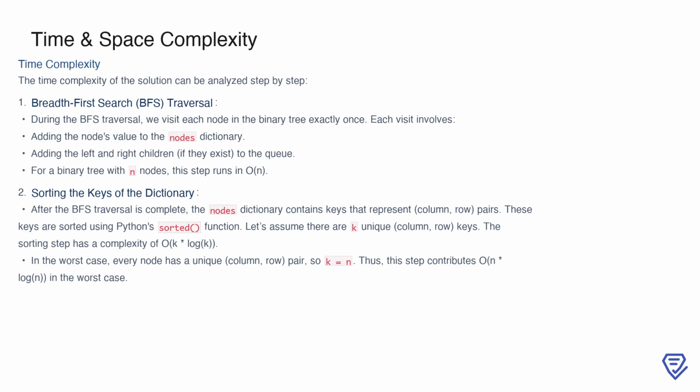Next, after the BFS traversal, we need to sort the keys in the node's dictionary. These keys represent unique column, row pairs, and if there are k such keys, sorting them with Python's sorted function takes k*log k time. In the worst-case scenario, where every node corresponds to a unique column, row pair, k would equal n, leading to a sorting complexity of n*log n.